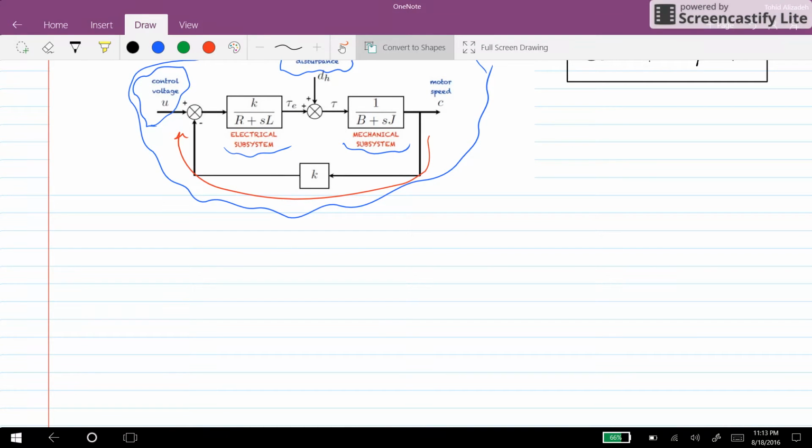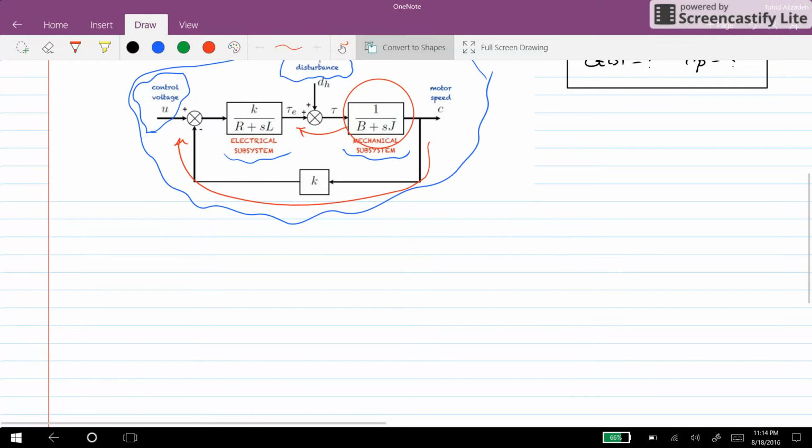So by looking at here, as the first step, I would say that we need to move this block, which is the mechanical subsystem, from here to the right side of the summing point. So how can we do it? If you remember from the rules that we have for movement of the blocks to the left or right side of the summation point, we will have this kind of situation.